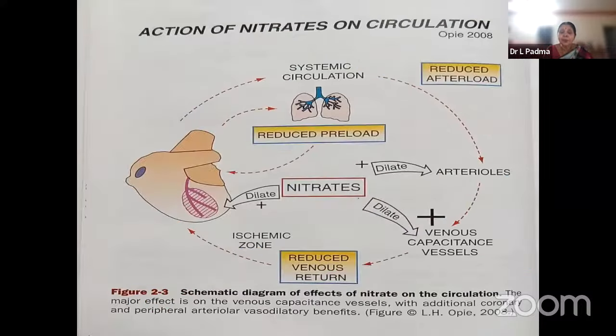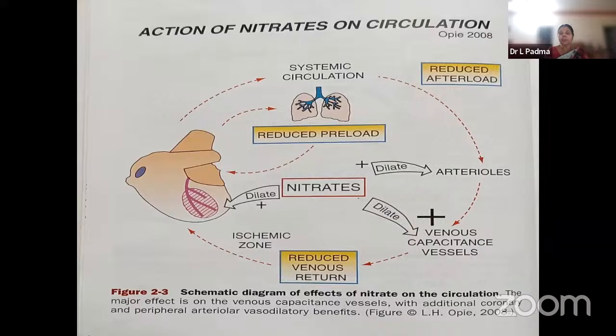Now, what I told you, I have depicted so that it retains with you forever. Okay, so you have seen the diagram, the systemic. When you give nitrates, it causes dilatation, reduces venous return, reduces preload.